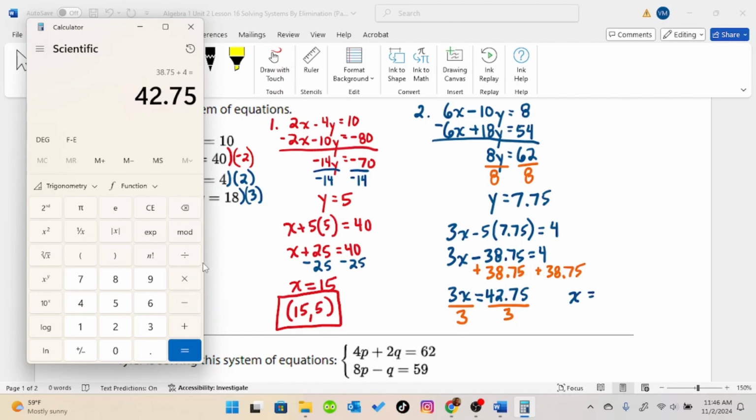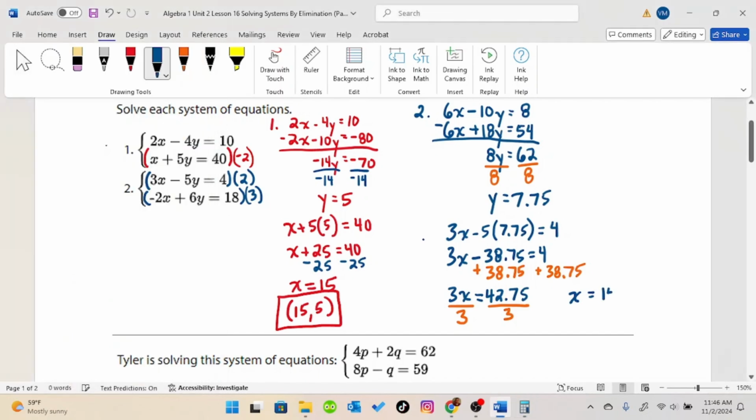And 42.75 divided by 3 equals 14.25. So the overall answer is the point where x is 14.25 and y is 7.75.